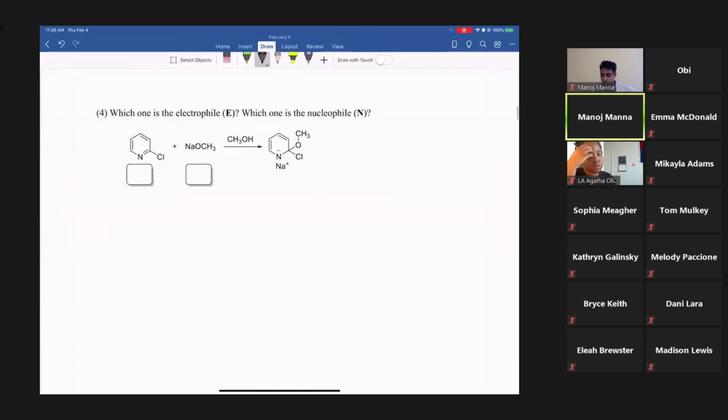Now, how about this one? We have to be familiar with the nature of the chemicals. Here, NaOCH3 means, as we saw in the slide, alkoxide, RO minus. R can be a different group, let's say CH3 or CH2CH3, or a tert-butyl group, C with CH3, CH3, CH3.